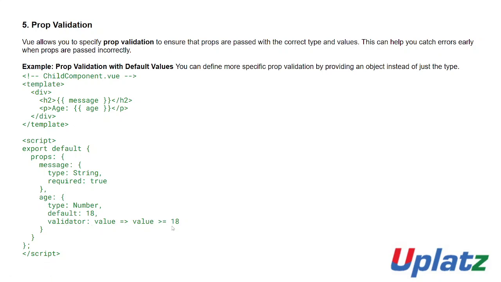Here it will return true if the value is 18 and above, and otherwise false. Then age is closed, the props property is closed, and finally the default export object is also closed. Now the script tag is closed.